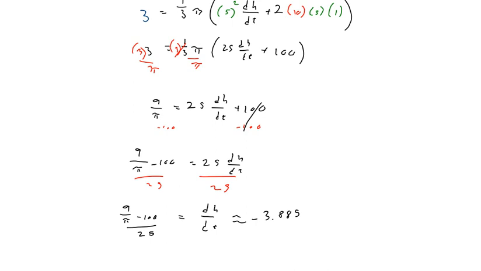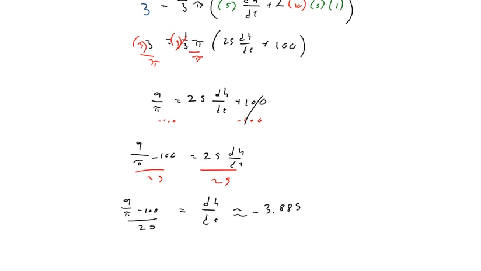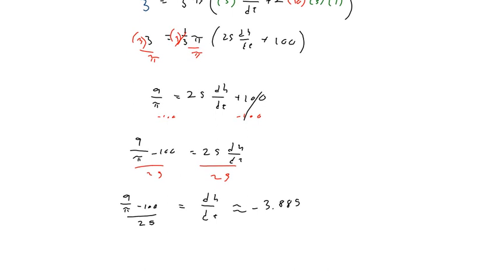Negative 3.885 what? I need my units to end this situation. dh/dt is negative 3.885 what? What units am I going to put on here at the end? Every problem I need to put my units, or it will be marked incorrect on the AP test. What units do I need?